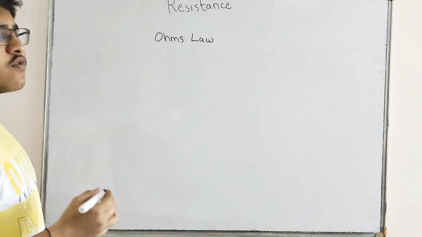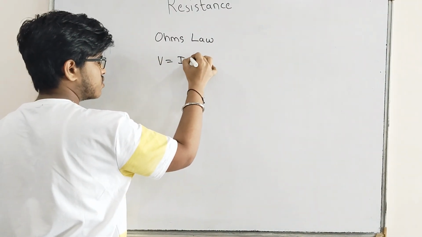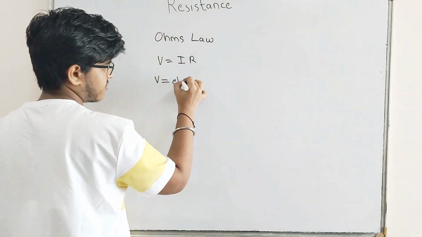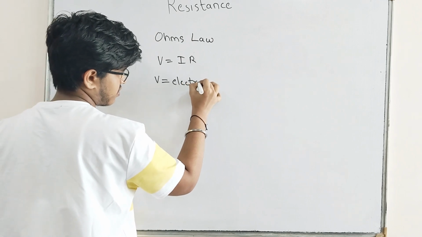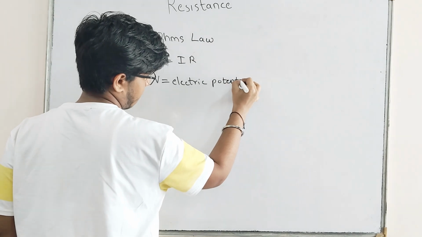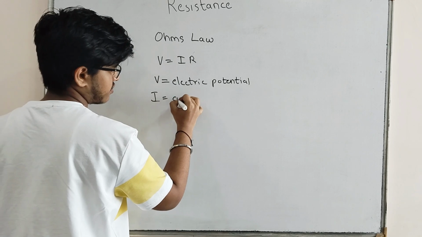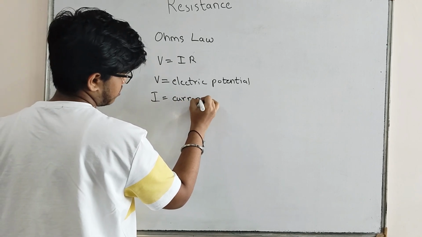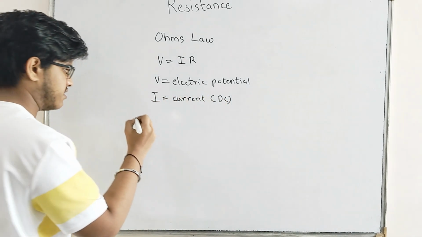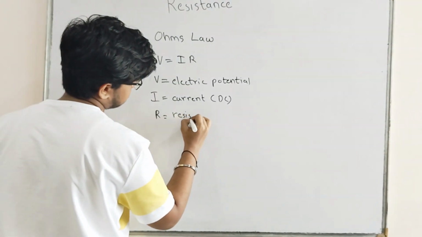So simple output of Ohm's law is V is equal to I into R, where V is electric potential, I is current, which is direct current because we are in this chapter DC circuits. R is resistance.